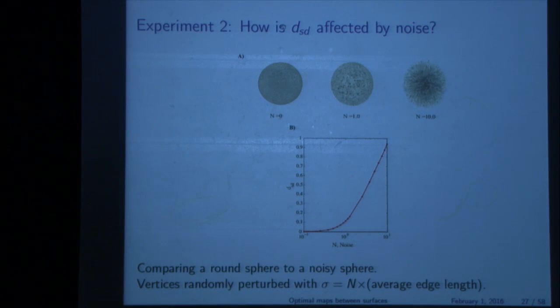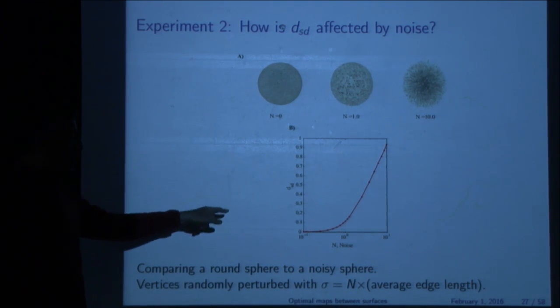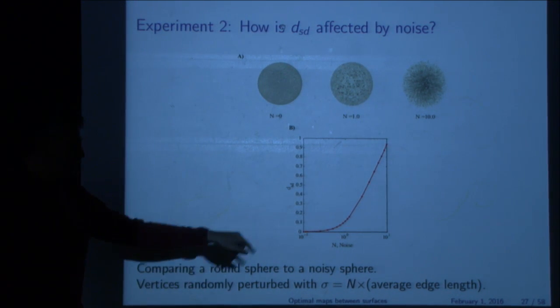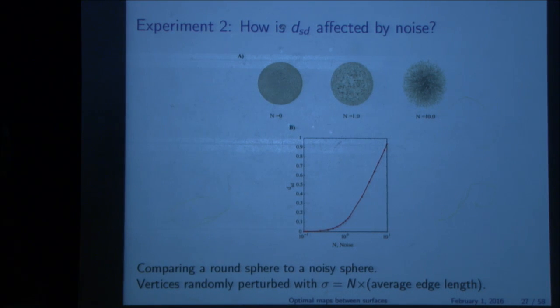The second experiment measures noise. So here we've taken a sphere and we've radially perturbed the vertices of a triangulation of the sphere by some multiple of the edge length. So on the x-axis of this graph, you see the multiple of the edge length.